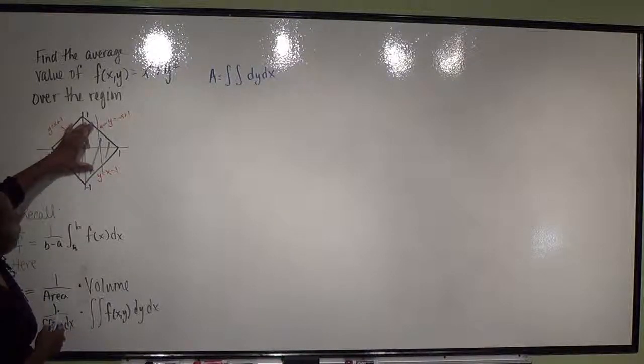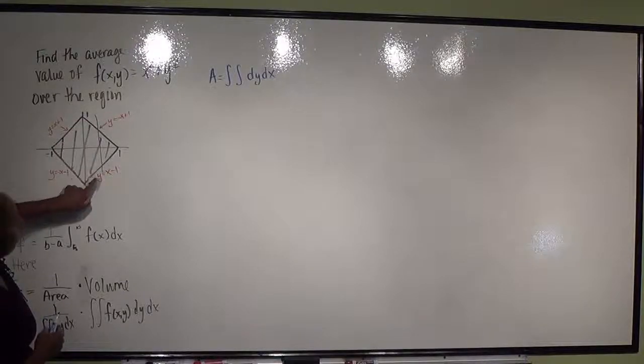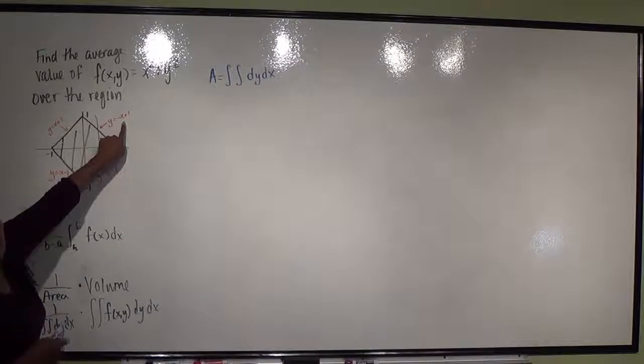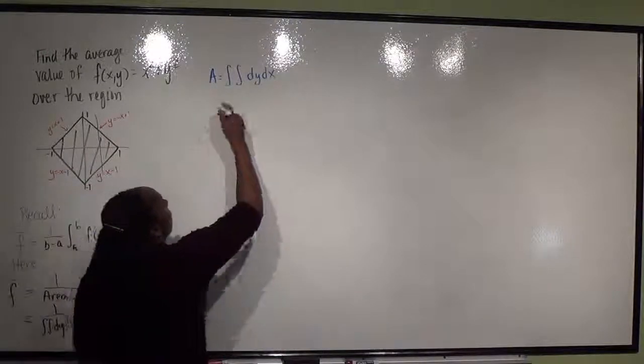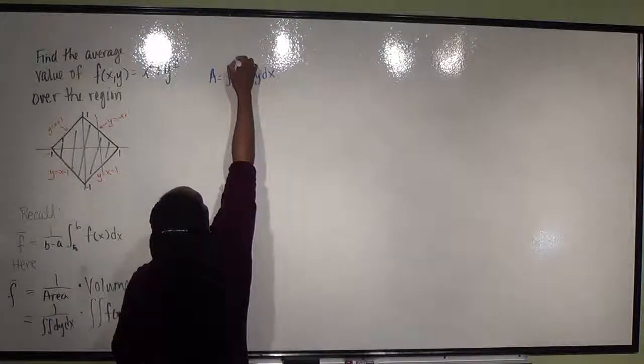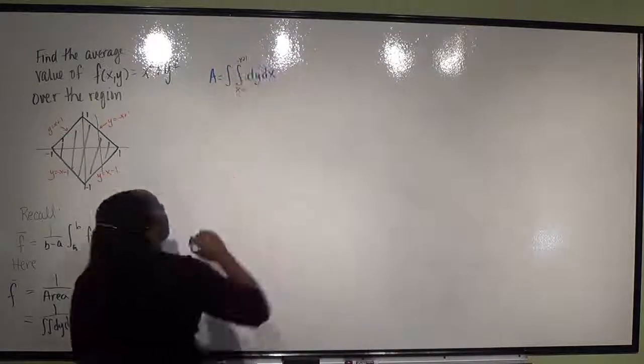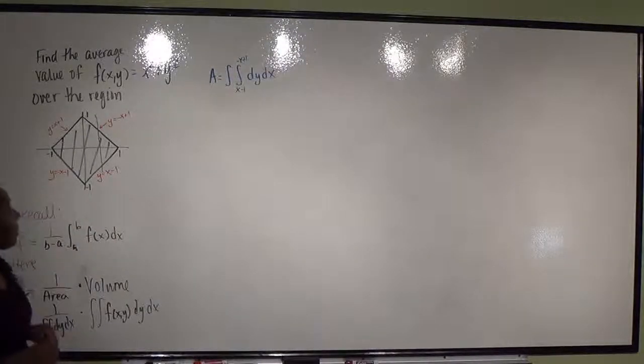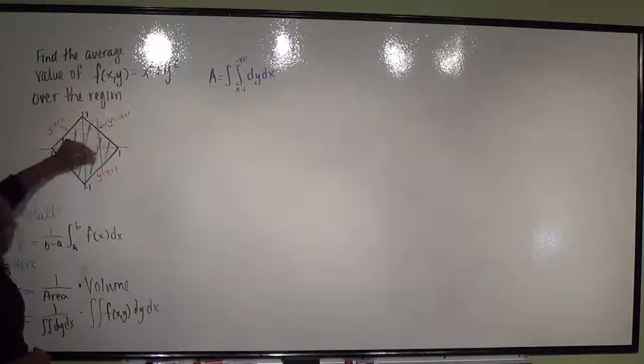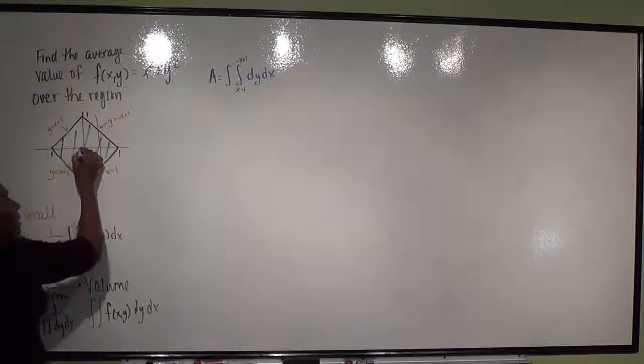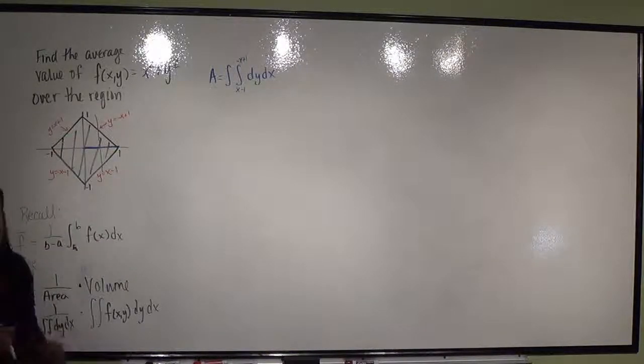So here, if I look at it this way, my curves are going to start at x minus 1, and they're going to end at negative x plus 1. Okay? So there's the x minus 1 and the negative x plus 1. And if I look at my x's, so again, if I squish this to the x-axis, I can see that the imprint there is going to be from 0 to 1.